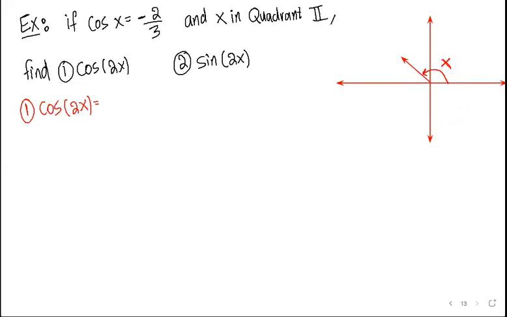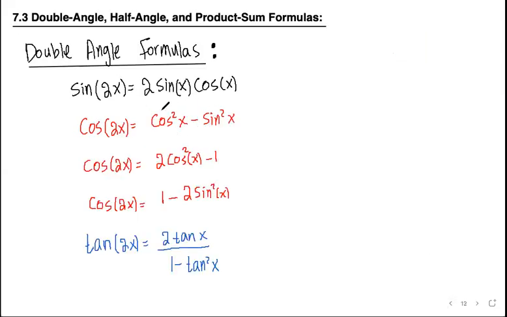Okay. How can I use the cosine to find the cosine of 2x? Use this formula. Which formula is better to use, 1 or 2 or 3?